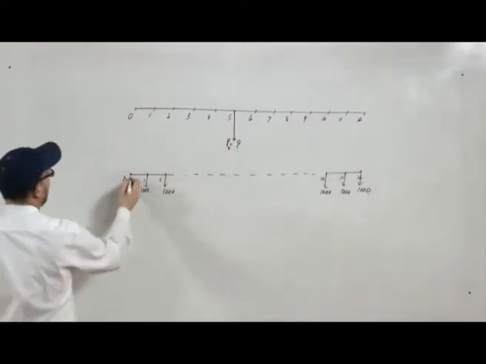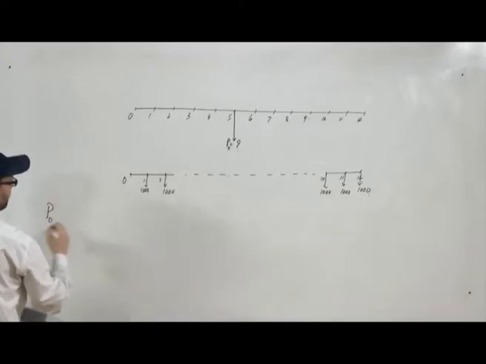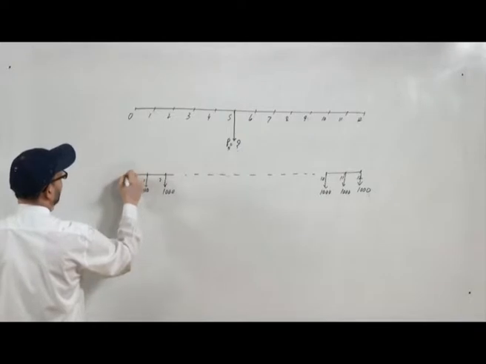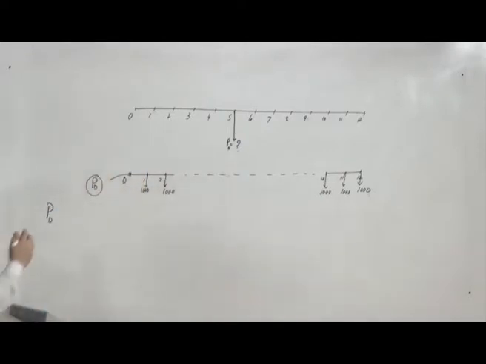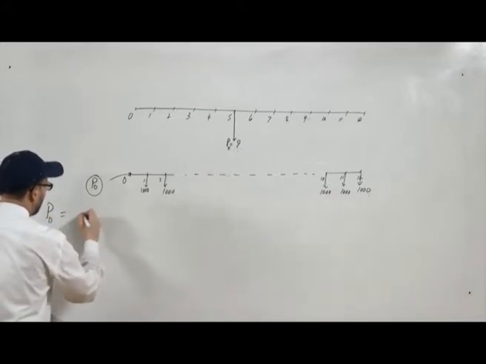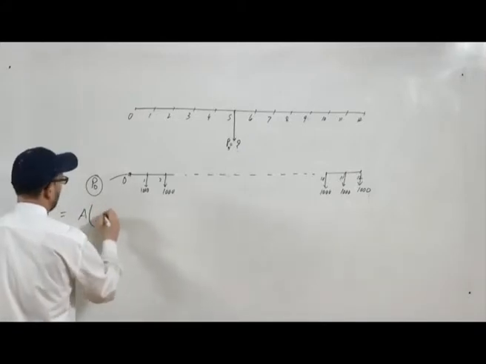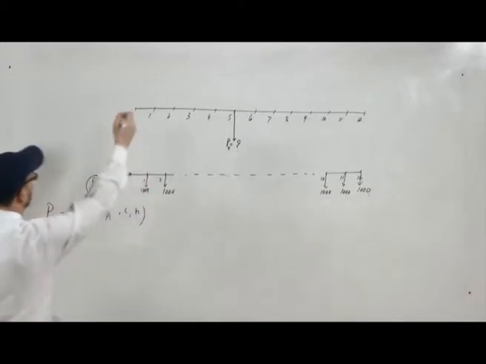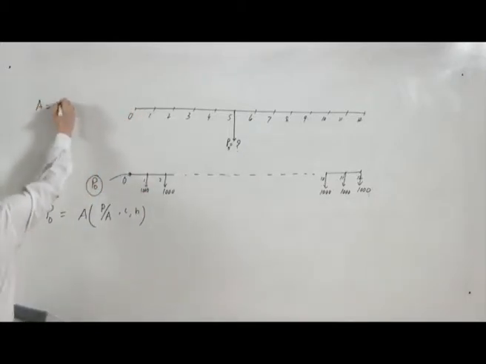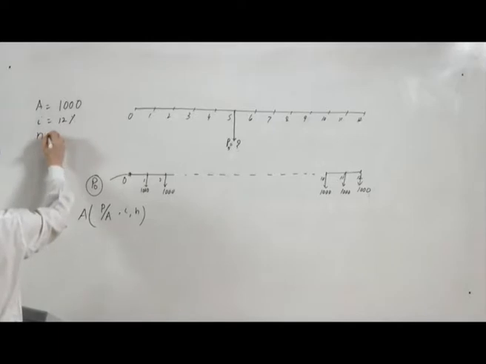We need to have first P0. P0 will be nothing but A times P by A, I, n. A is given as 1000, I is 12%, n is 12.